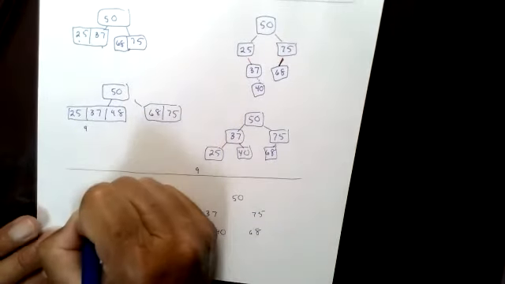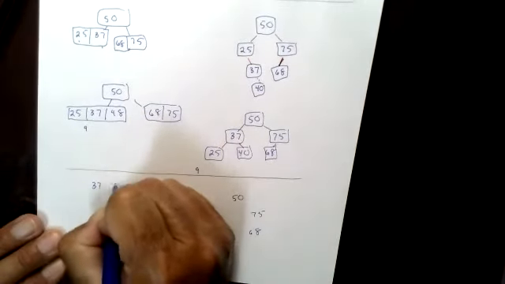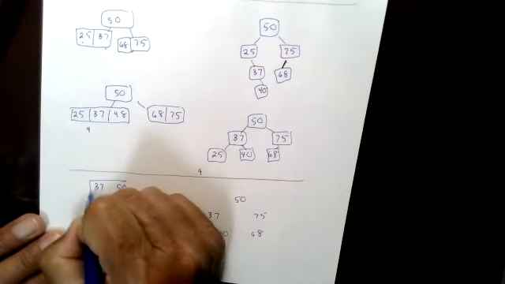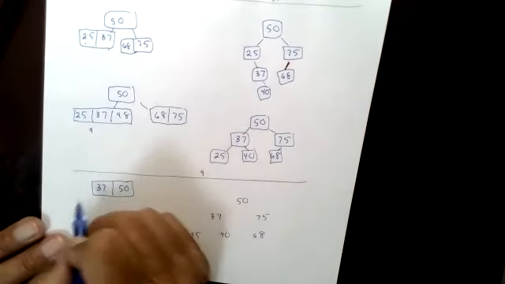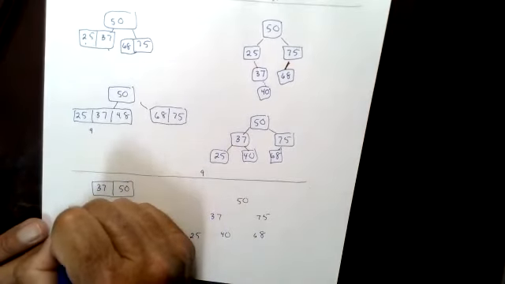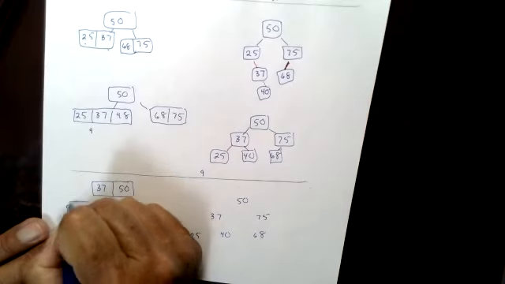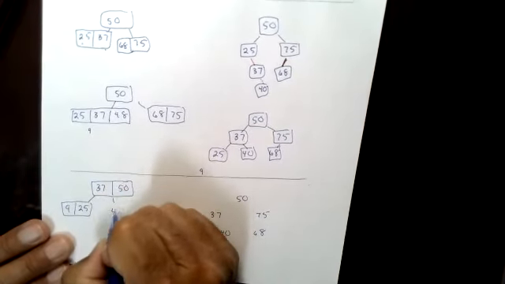The 37 went up, and I had 37, 50. I had, let's see, 9 and 25. I have 48.